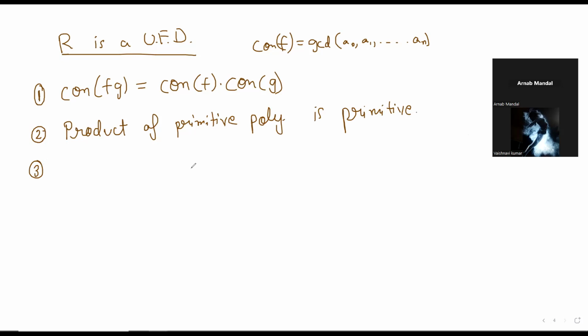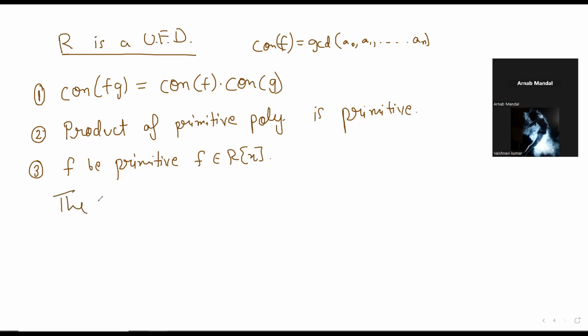Now, I think what it implies is, let F be primitive, F in Rx. Okay, what am I doing wrong? Okay? Let's see.